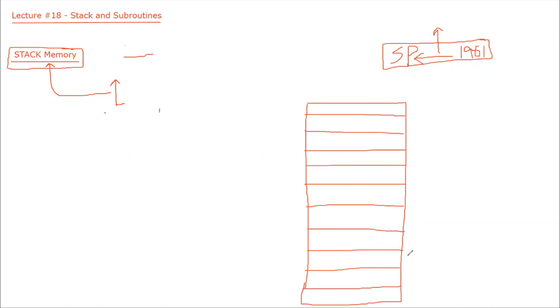Fine. Let's say this is our address 1961. This is 1960. This is 195F. This is 195E. Then we have 195D, 195C, 195B, 195A, and so on.